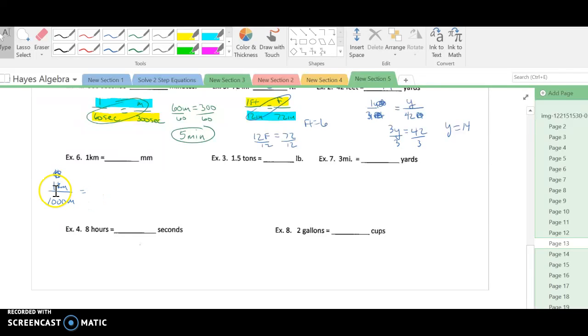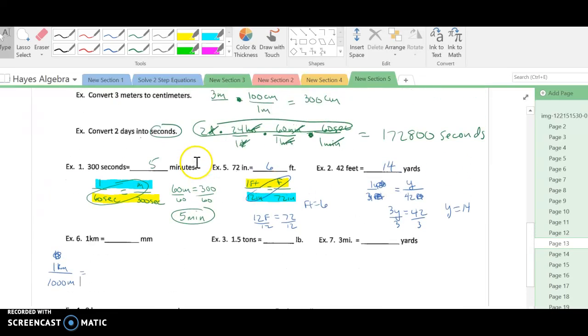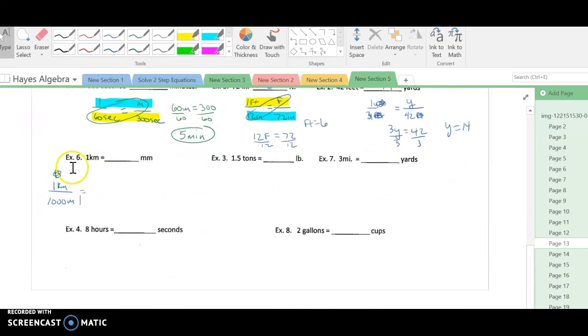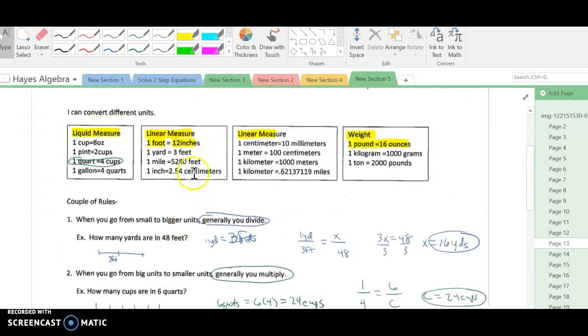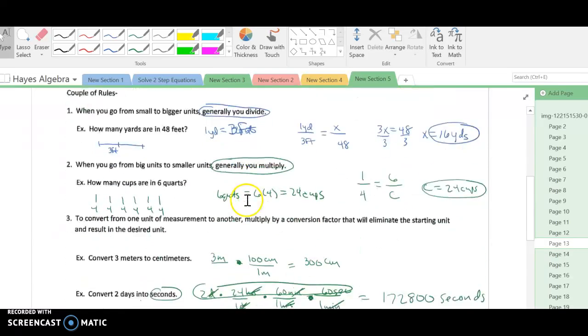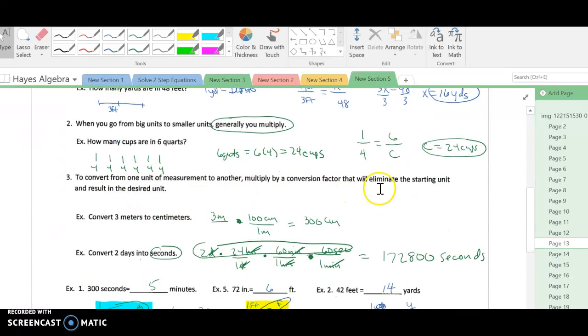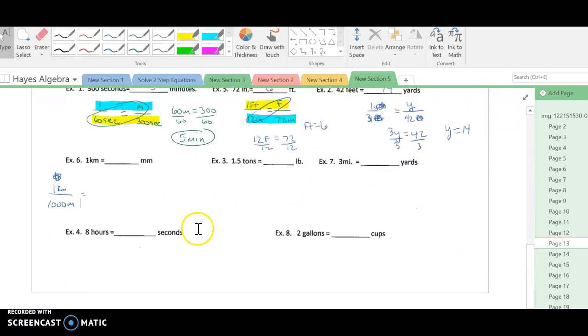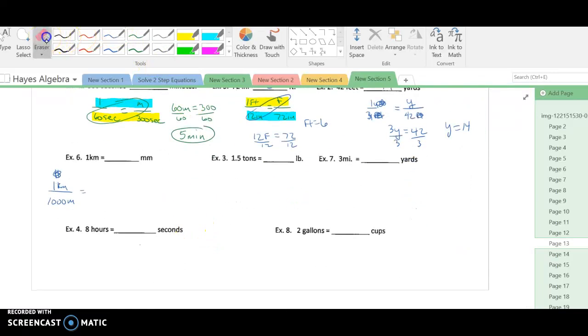And then right away, I know I've got to get to millimeters. So how can I do that? Well, if I set up a proportion, there's no direct correlation between kilometers and millimeters. So this is where I have to go and multiply by the conversion factors. So the proportion here is not going to work.